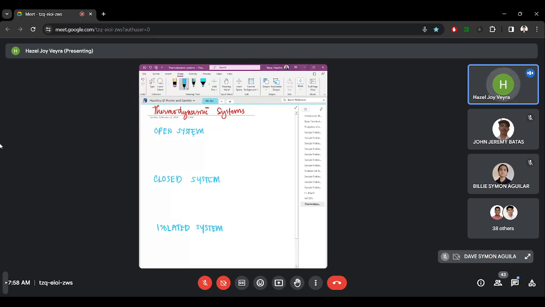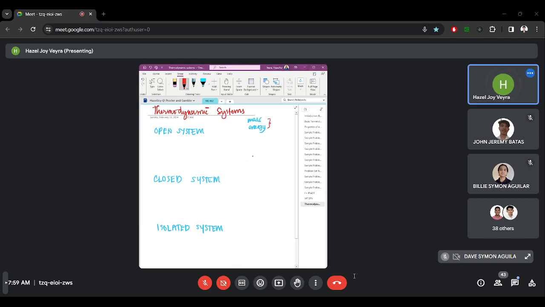Anyone from the class who can differentiate open system sa closed system in terms of mass and energy? Let's focus on these two. What's the difference between an open system and a closed system in terms of mass and energy?